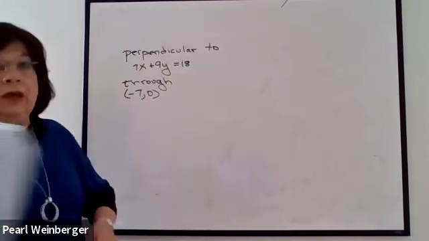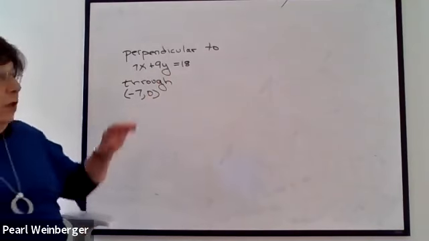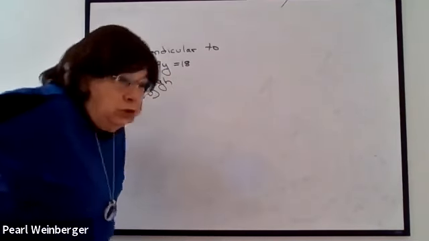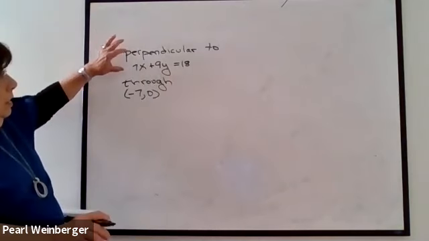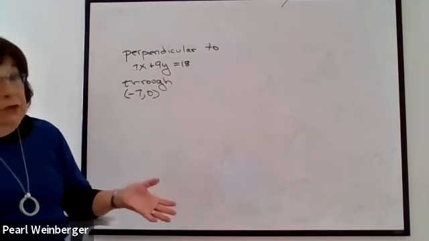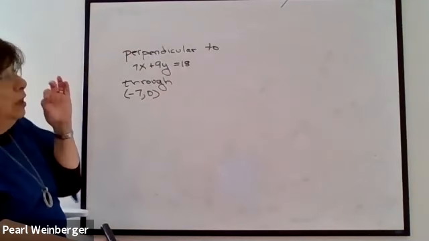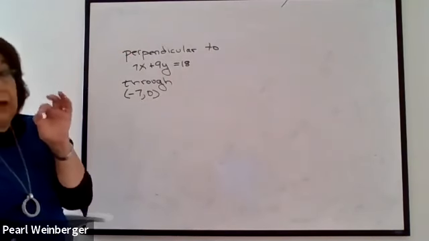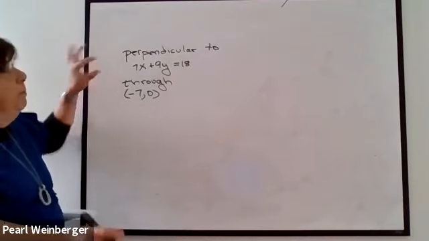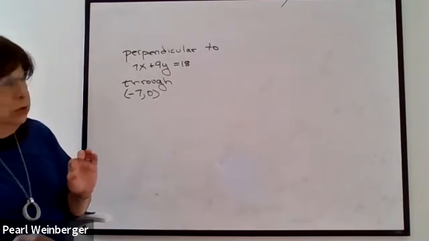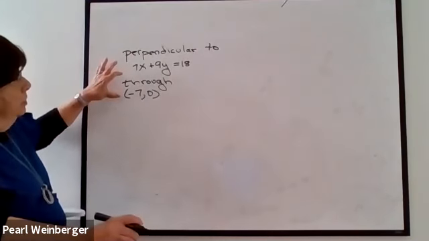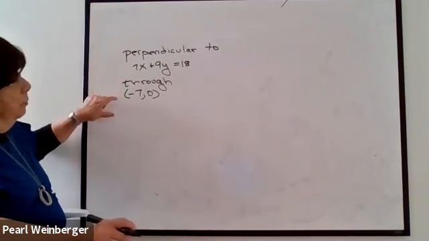Again, I'm looking for the equation of a line, and here's the description of my line. They're not giving me two points on the line; they're giving me a line that the new line I want to write the equation of is going to be perpendicular to, and they're giving me a point on the line.